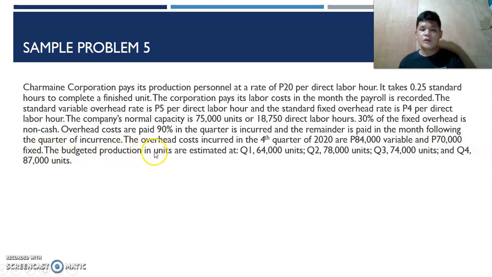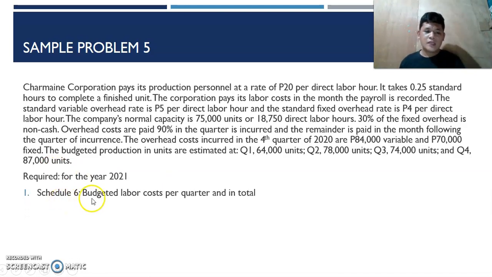The budgeted production in units are estimated at, for quarter 1, 64,000 units, quarter 2, 78,000 units, quarter 3, 74,000 units, and quarter 4, 87,000 units. Now, ito yung requirements. Schedule 6, budgeted labor cost per quarter and in total.